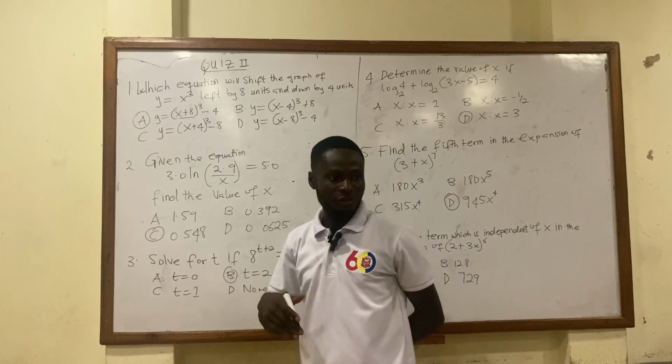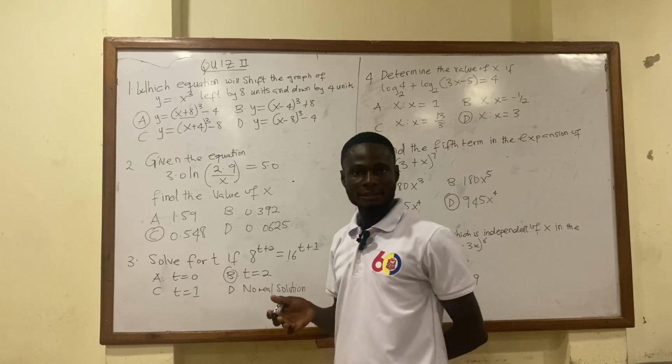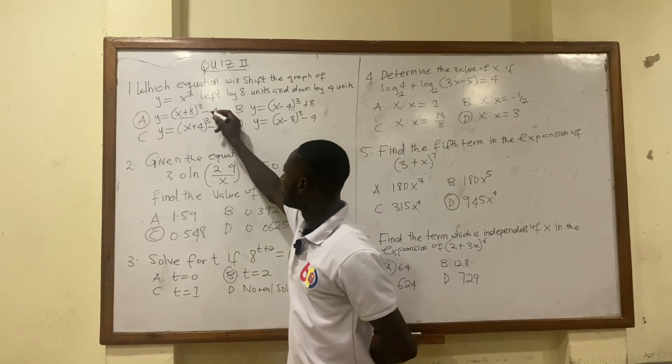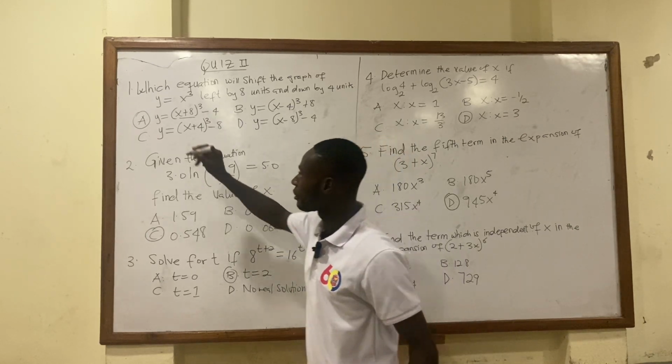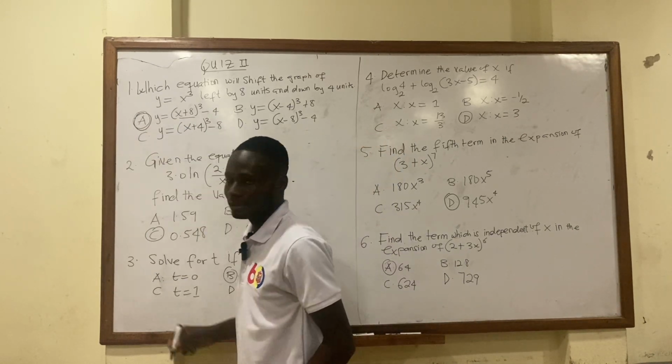Down is minus, so it will be minus 4. All right, so our correct option over here is A.